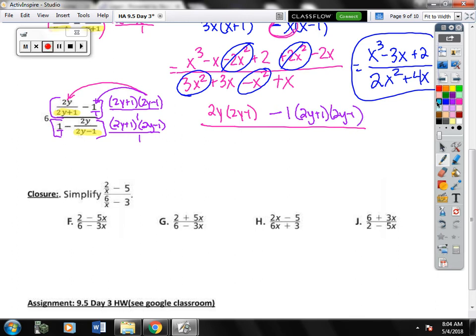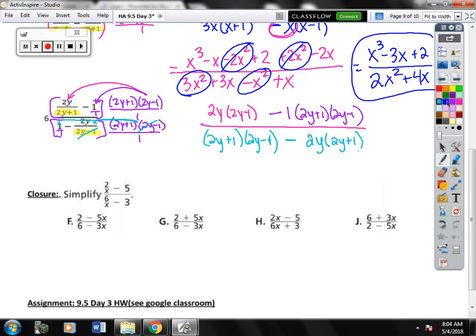Similar in the denominator. When we distribute this over to a 1, it just gets the whole thing. Nothing cancels out. And bring our minus sign over. Whenever I distribute this to my second set, the 2y minus 1s would divide out, so we'll have 2y times 2y plus 1.